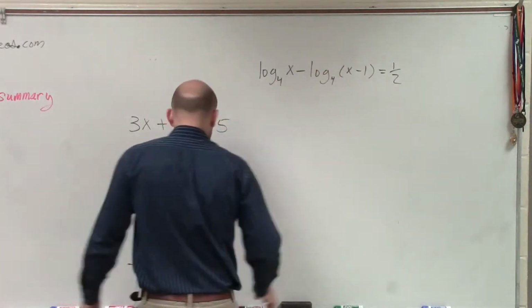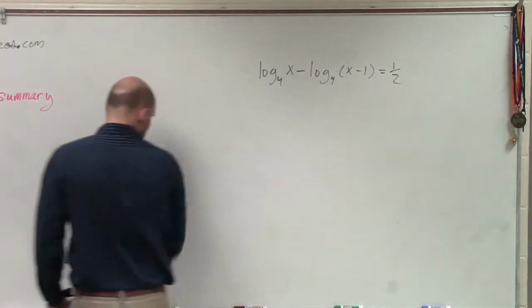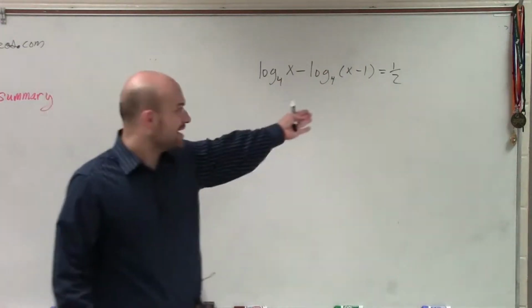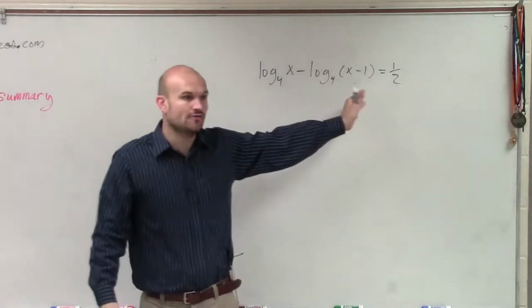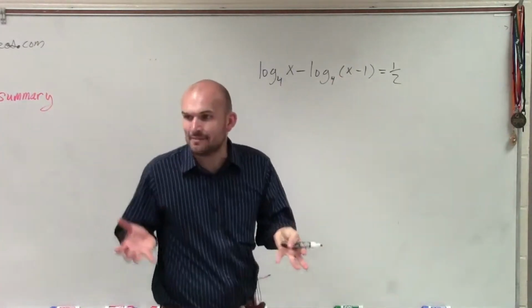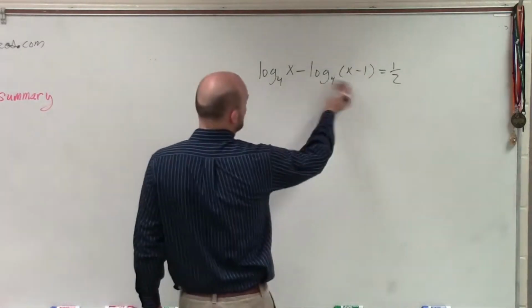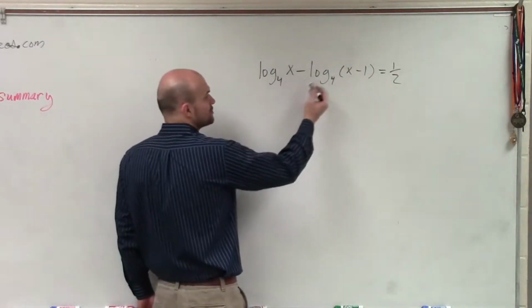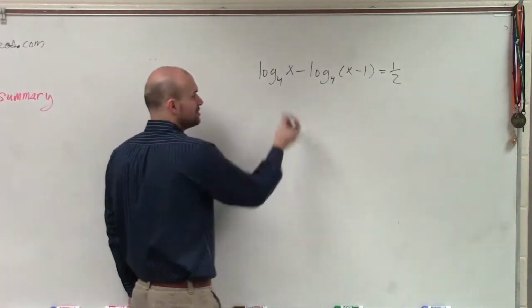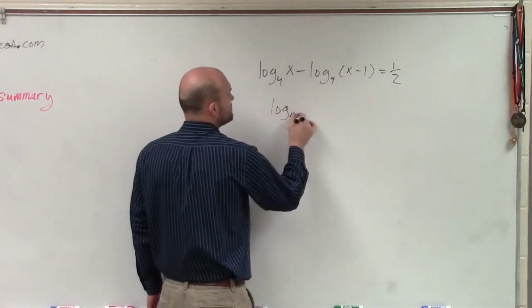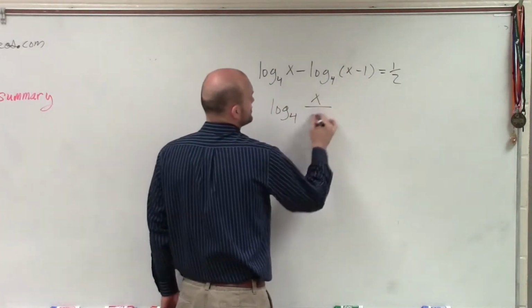Well, the exact same thing, when you guys have multiple logarithms, you're not going to just be able to isolate and solve for a logarithm. You have to condense them down to one single logarithm. So we notice that our properties state that when we have the difference of two logarithms, we can rewrite that, as long as they have the same base, as the quotient.